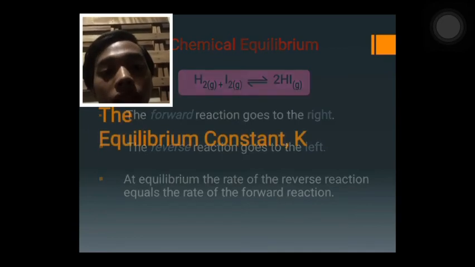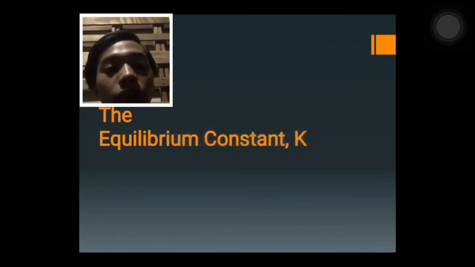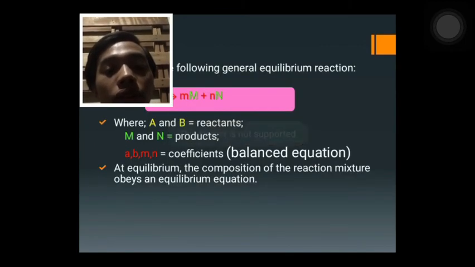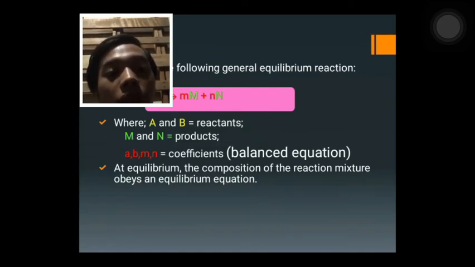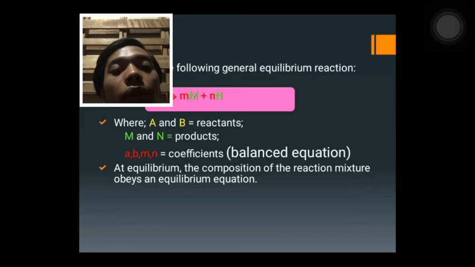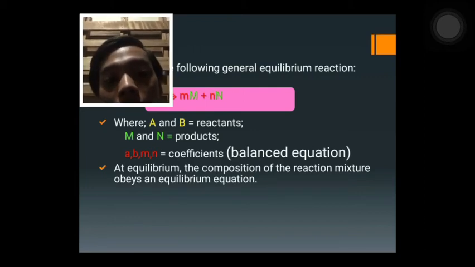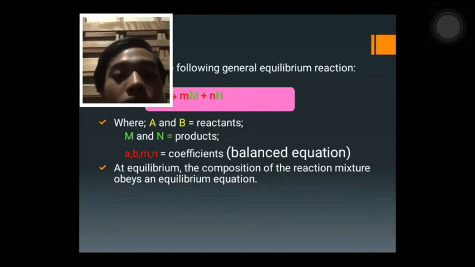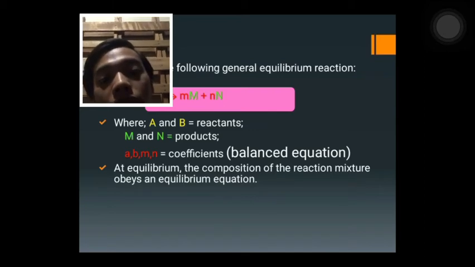The equilibrium constant is K. Consider below. So this is a formula for an equilibrium reaction: small a, capital A plus small b, capital B equals small m, capital M plus small n, capital N, where A and B are reactants, M and N are products. The capital letters are the species. The small letters a, b, m, n are coefficients, the coefficients for the balanced equation.